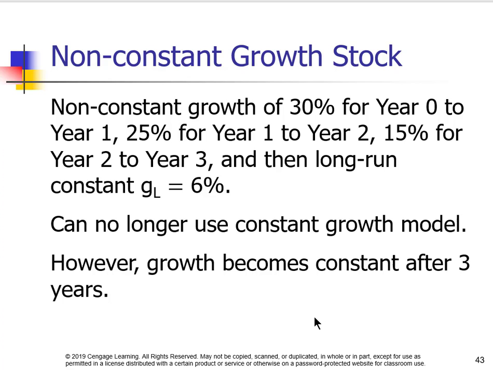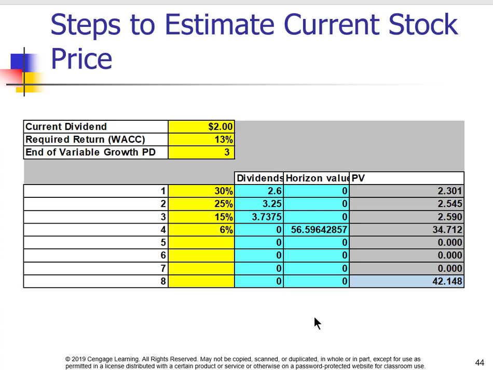Again, for the non-stock growth models, we can still incorporate the same basic ideas as we did with the free cash models. So we can't use the constant growth models if we expect the growth to change. So how can we estimate this? So we can put in here, again, this is in our supernormal growth stock worksheet.